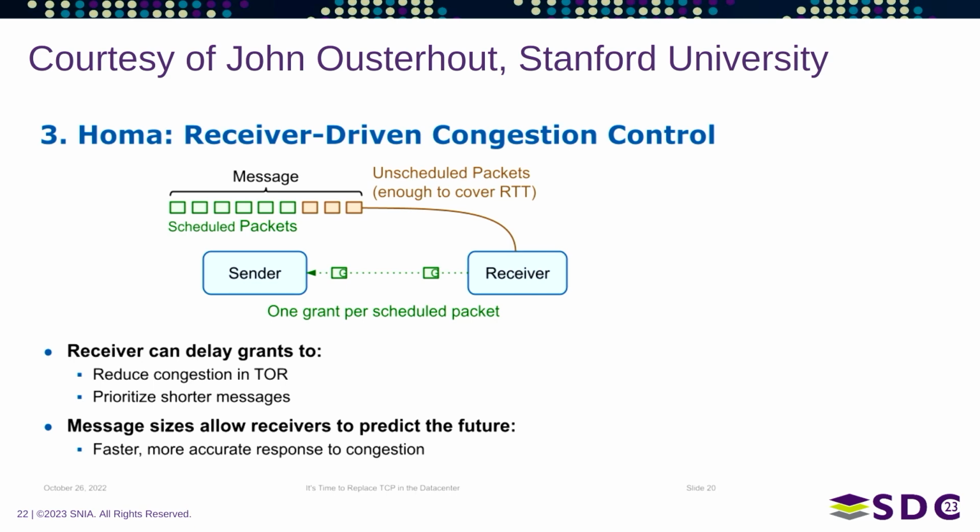And then if the message is larger than these unscheduled RTT bytes, the receiver gives grants. In PCI Express, it's credits, right? Flow control credits. The receiver sends those credits or grants back to the sender, and then the sender understands how much the recipient is willing to receive.